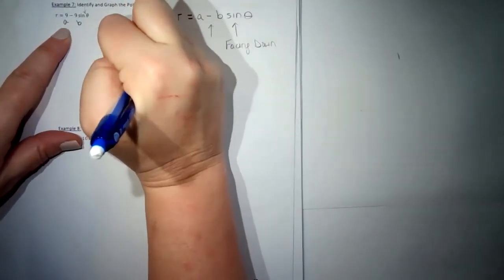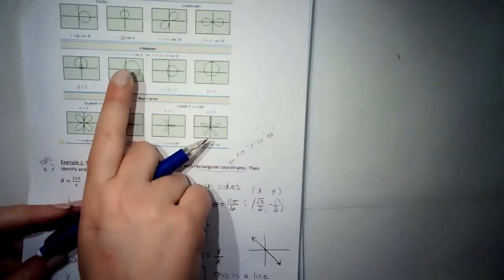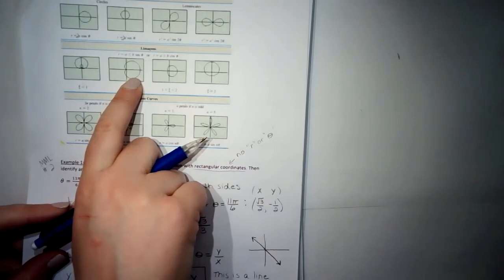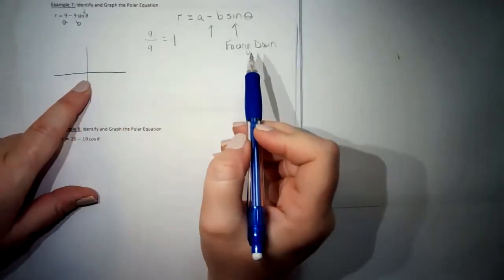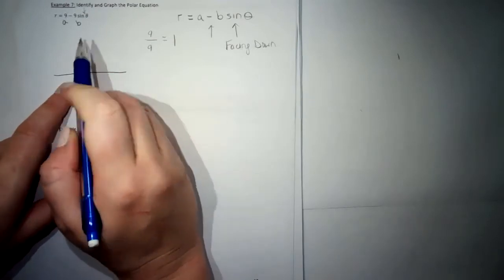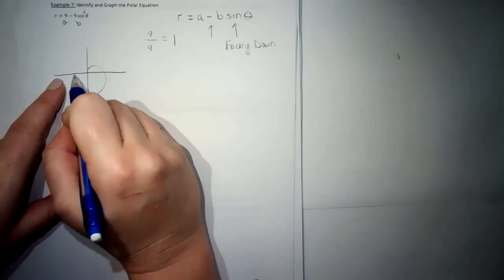So if I make a nice little ratio, I get a 1. And if you recall, if your ratio is equal to 1, you have a cardioid. Remember, that's the sharp little point that goes inside there. So what I would expect to see from my graph is, I'm facing down, you're going to have a nice little point that faces right down like that. And there you go.